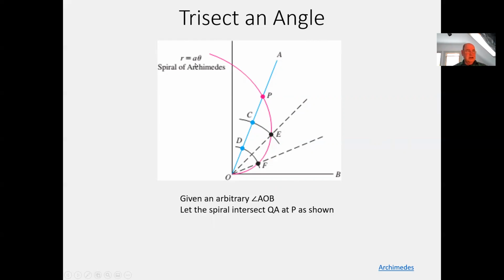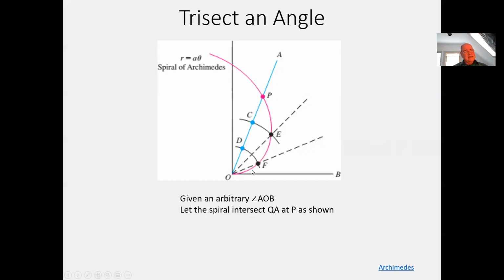This is just the polar form for those of you who remember polar coordinates. Not important at all. So here's the spiral being spun out, and we have an angle. How is Archimedes going to find 1/3 of this angle?